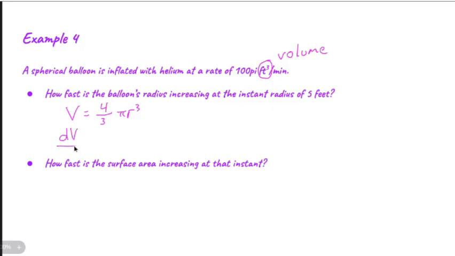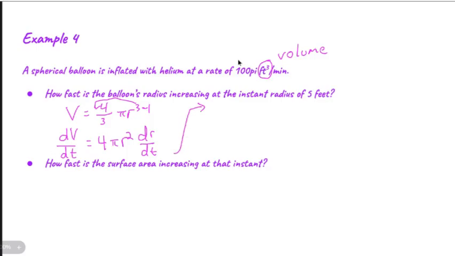So we got dV/dt is equal to 4/3 pi. Actually, sorry, so that should be 4 pi. Okay, so 4 pi r squared. All right, and then our dr/dt.